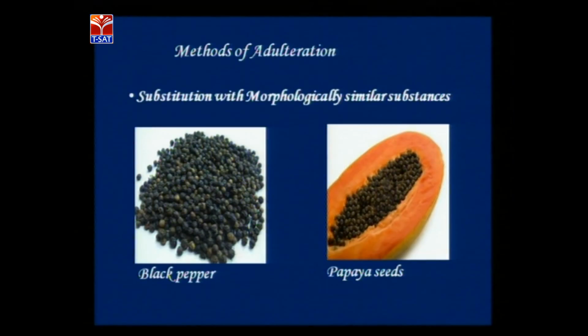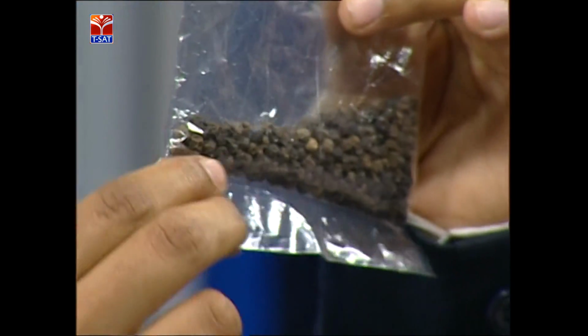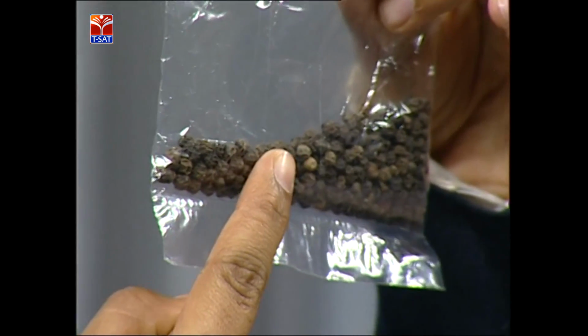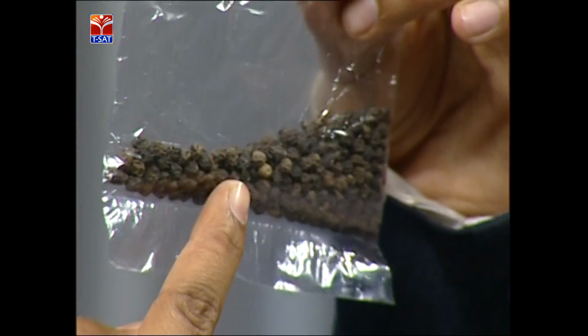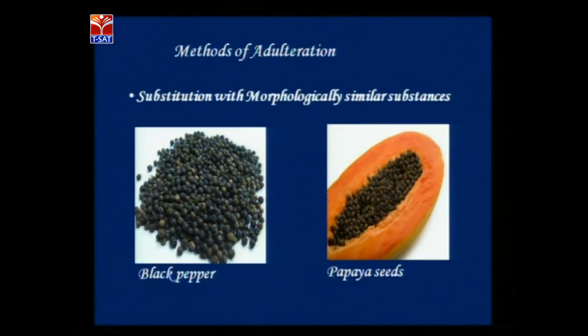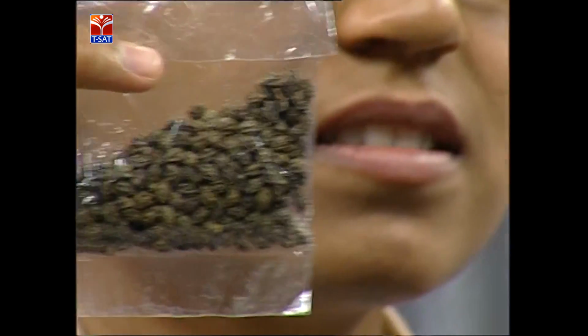For example, here look at the slide. What are these? These are black pepper, right? We are using it in our foods and in our curries as a good spice. Then what are these? See here friends, what are these?